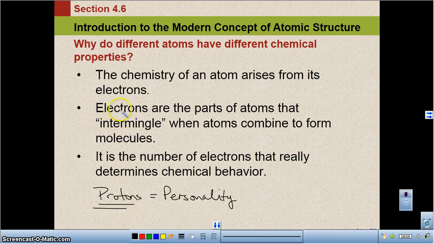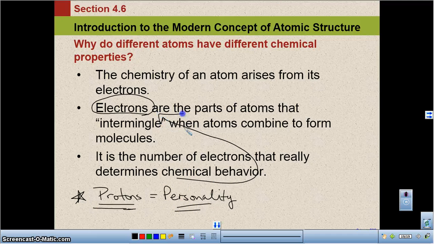We can add and subtract electrons from an atom and make an ion, and we'll talk about that in the next lecture. The electrons are what's going to allow the atoms and ions to interact with other atoms and ions. However, we don't change the number of protons because protons are the personality, so let's not ever forget that. Chemical behavior is related to the electrons, personality is due to the protons.